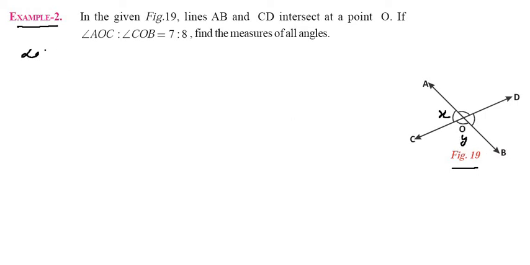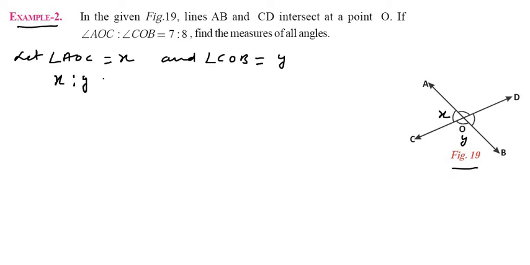So you can say, let angle AOC equal to x and angle COB equal to y. And it is given that the ratio of these angles is 7 to 8.